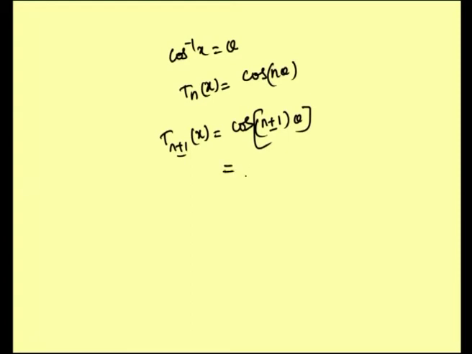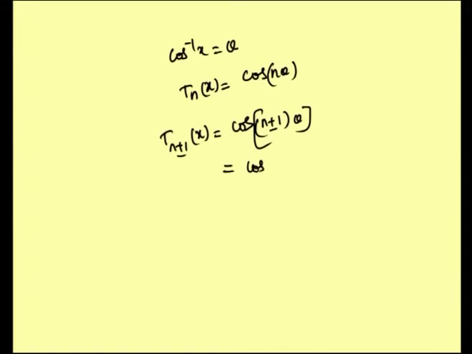According to the cos a plus b or cos a minus b formula, cos of n plus 1 theta is cos n theta cos theta minus sin n theta sin theta, and cos n minus 1 theta is cos n theta cos theta plus sin n theta sin theta.